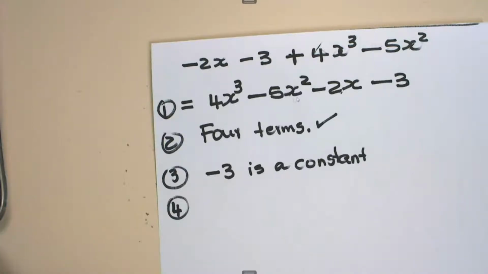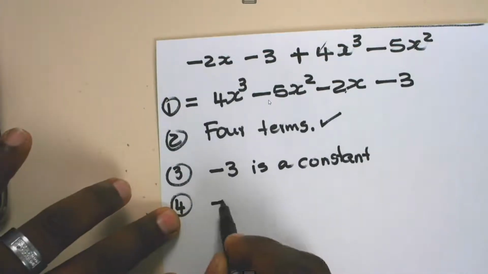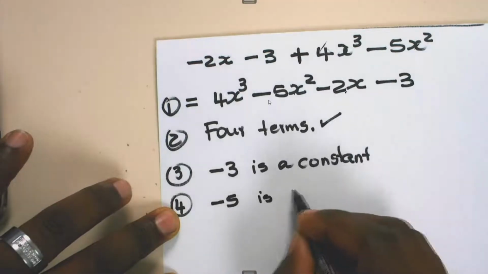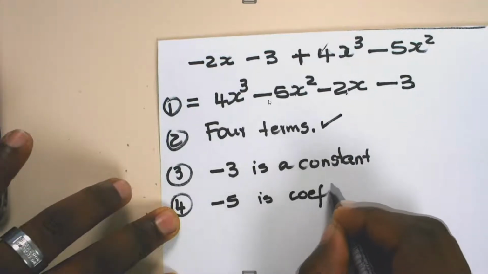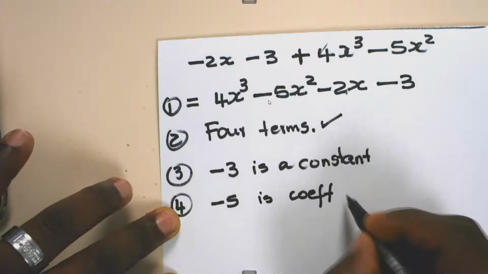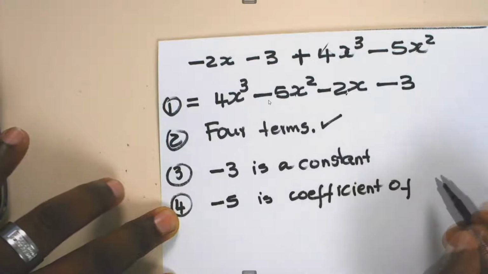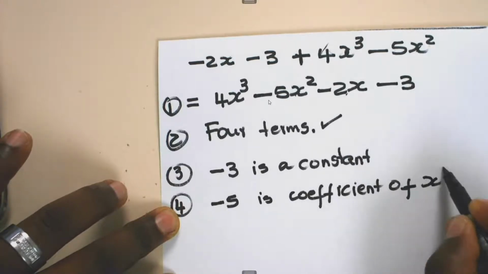We are looking for the coefficient of x squared. What is this value? It's going to be negative 5, the coefficient of x squared.